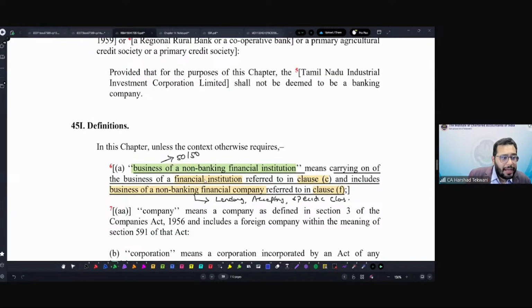Why do you guys forget? I don't know. 45IA means carrying on the business of a financial institution or NBFC under clause (c) and (f). So if you are doing clause (c) business or clause (f) business, you are doing the business of a non-banking financial institution. Yes or no?